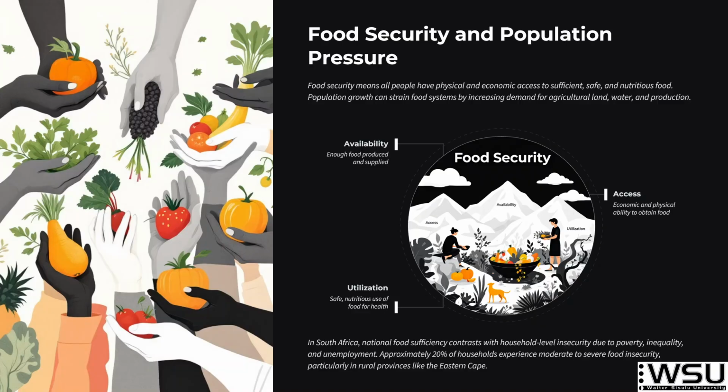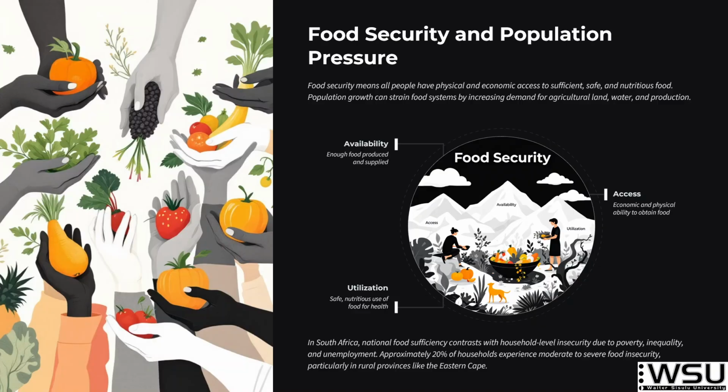Because the truth of the matter is that as we continue in this lesson unit, you will see there's a problem, and I think it's in this slide, on the issue of food security and population pressure. When we're talking about food security, it means that all people have physical and economic access to sufficient, safe, and nutritious food.